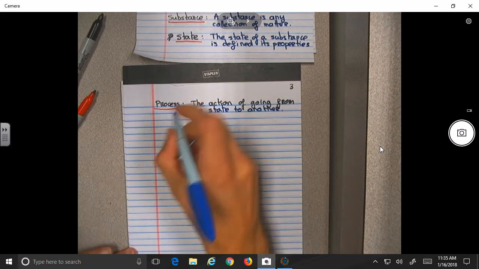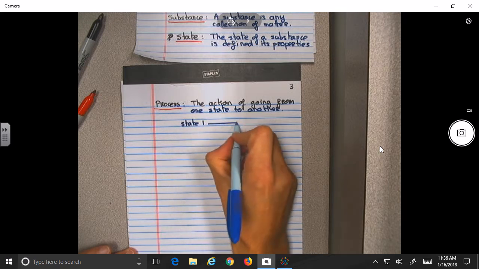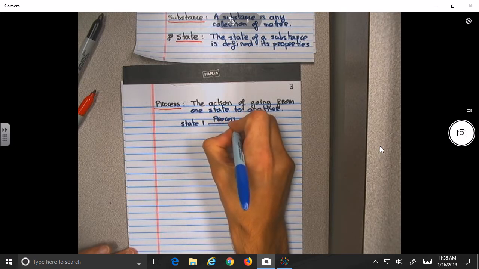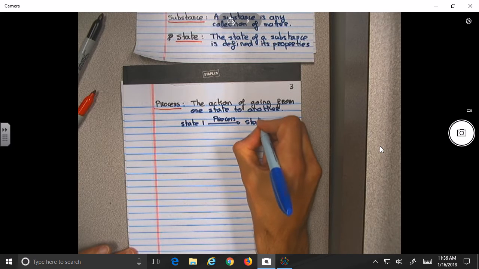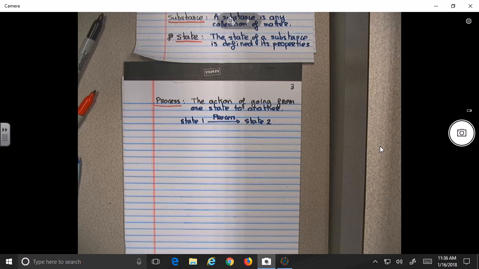So basically, let's say state 1, this is the process, and you go to state 2.